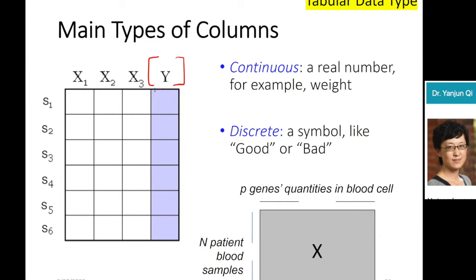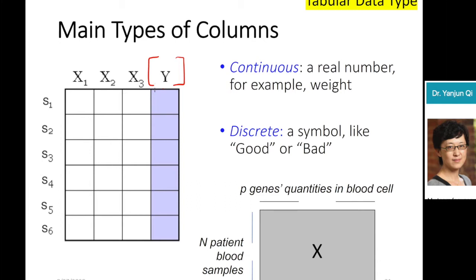A very classic example, because I told you I'm going to use COVID or biomedicine as examples, is from biomedicine: different patient blood samples as different rows, and columns as different genes, gene expression values.